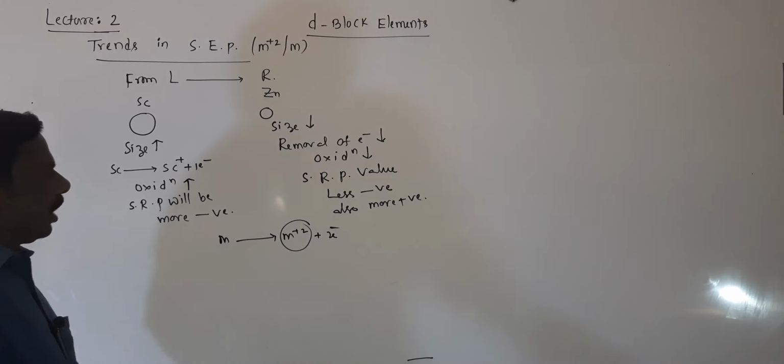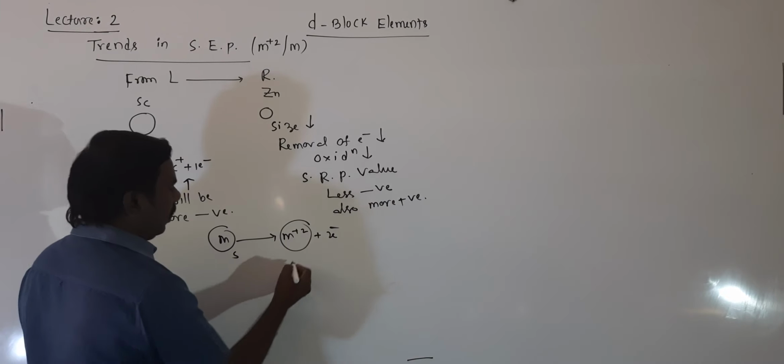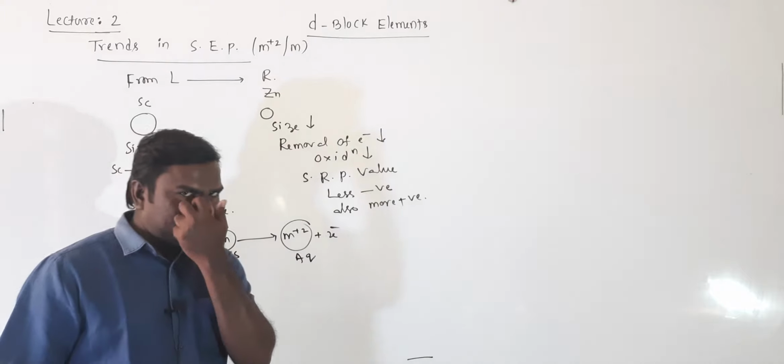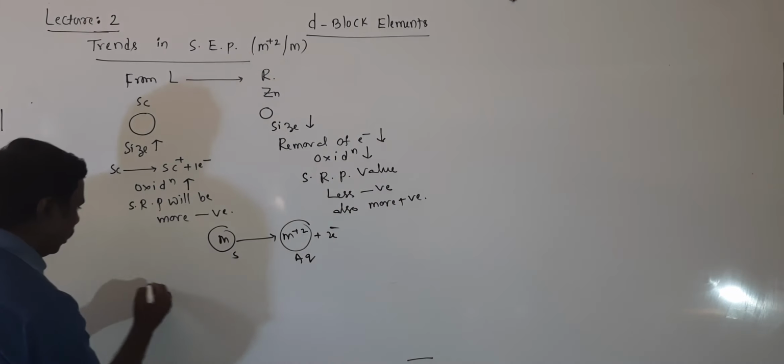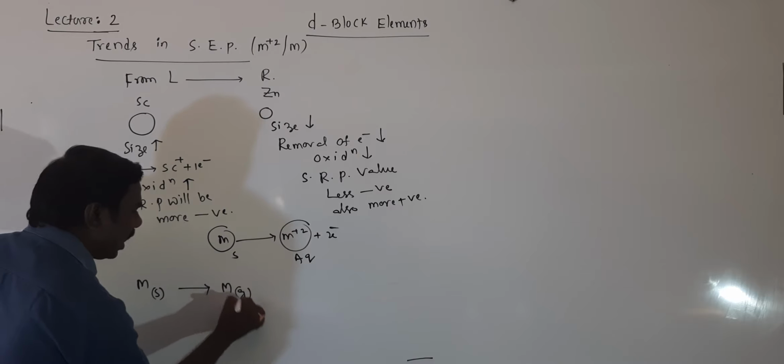Now, how do we convert this solid metal into M2+ aqueous? There are three phenomena. First, solid metal is converted into metal gas.